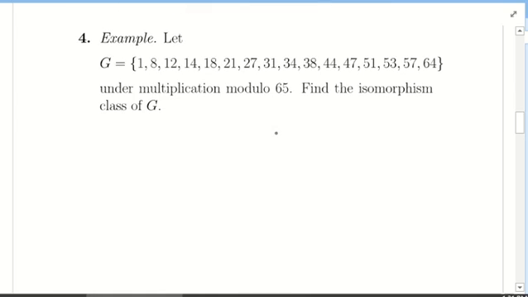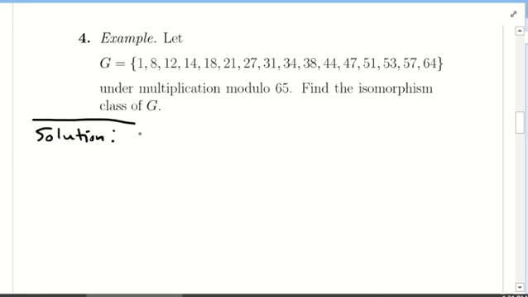Okay, so let's see if we can apply this here. Of course, we can use a little bit of greedy algorithm and a little bit of process of elimination to get at the answer the quickest.